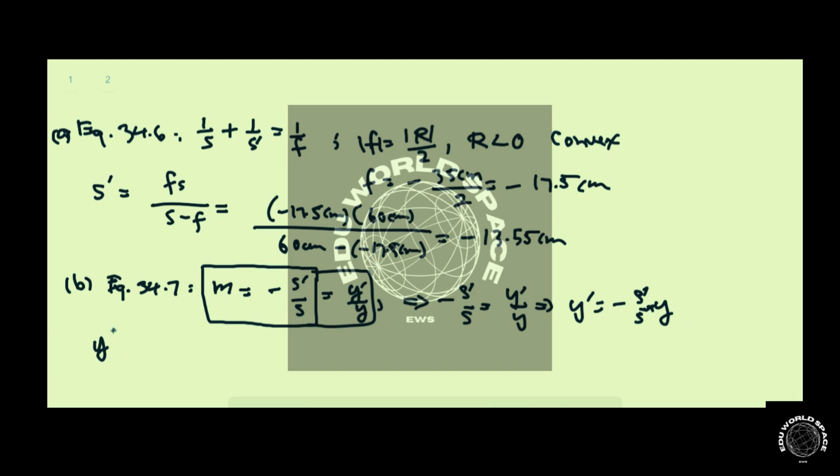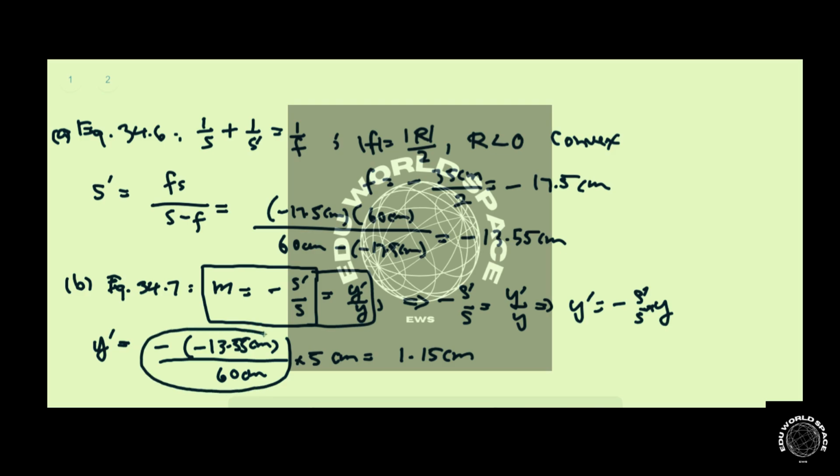And we have that y prime then is equal to minus s prime, which we just found up here in part A, minus 13.55 centimeters, and s we know is 60 centimeters, and y we're given is 5 centimeters. And that gives us 1.15 centimeters.